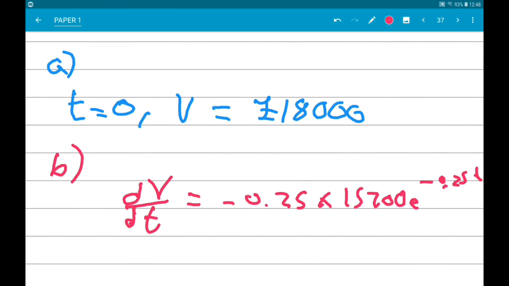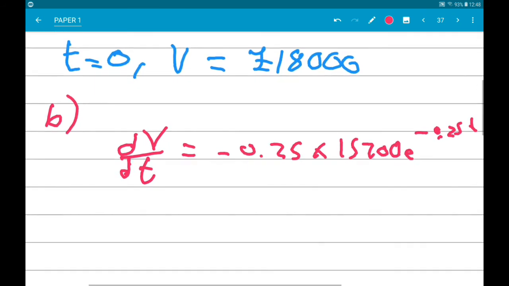Okay, so that is minus 3,925 e to the minus 0.25t.